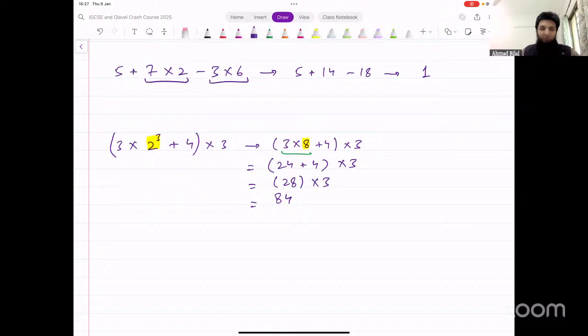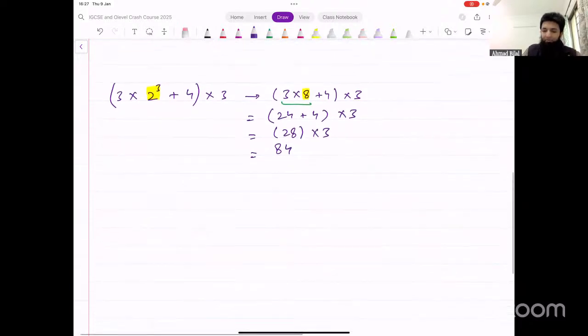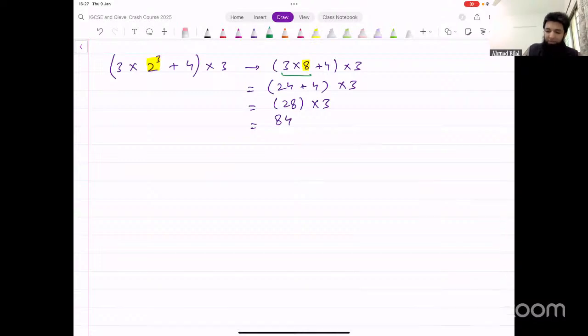Okay, you have to be very careful about indices. A lot of people sometimes end up making mistakes like this through their A levels as well. If they have something like 6 times 3 raised to the power x, they would write it as 18 power x.